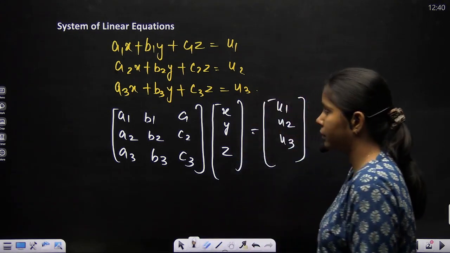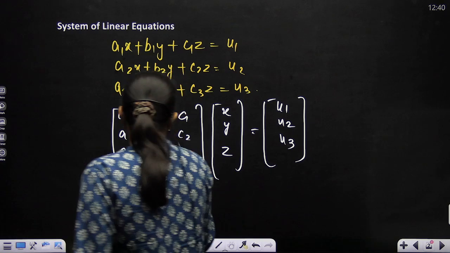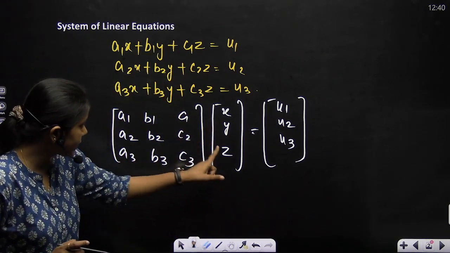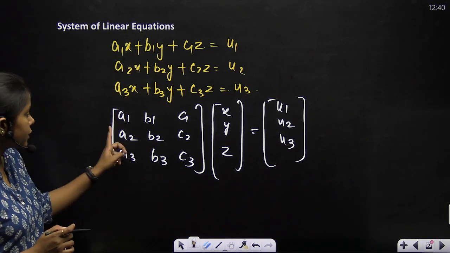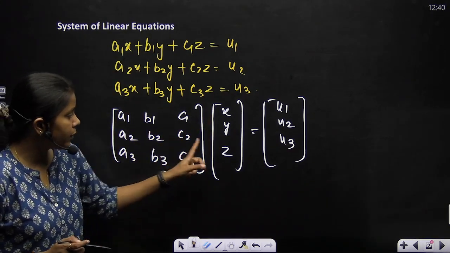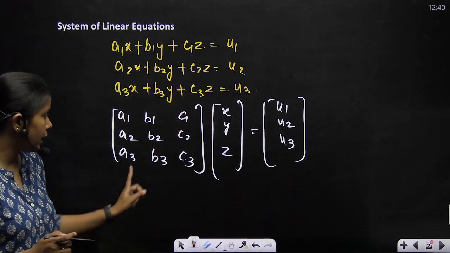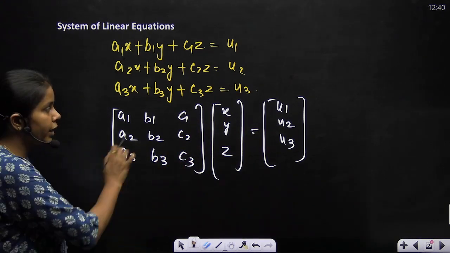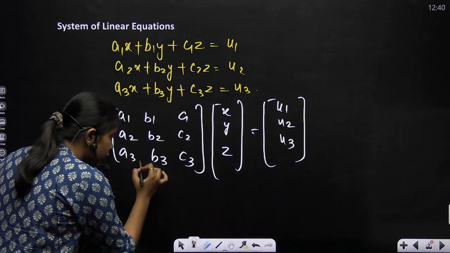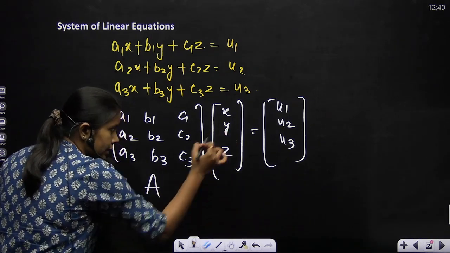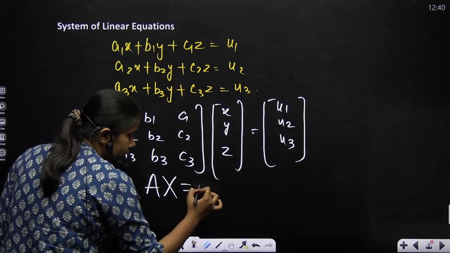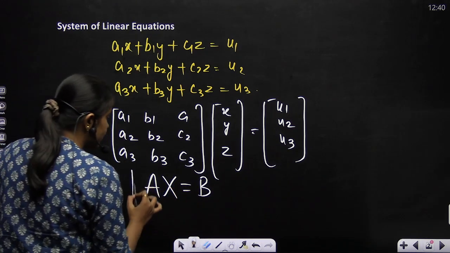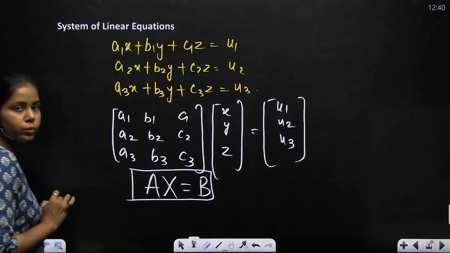Now if you check here, A1x plus B1y plus C1z equals U1, you get the first equation. A2x plus B2y plus C2z equals U2, second equation. A3x plus B3y plus C3z is equal to U3. So you would get your system of linear equations. Now you represent this matrix as A, this variable vector as capital X, and the right side as B. So we get our system of linear equations as AX equals B.